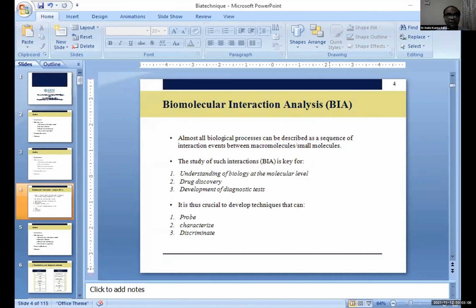After that, this is the ATR technique, and as you can see here, another technique is surface enhanced Raman spectroscopy. In this, as you can see, this is a laser beam. It is interacting with the biomolecule. It is exposed, and there is a signal coming out.